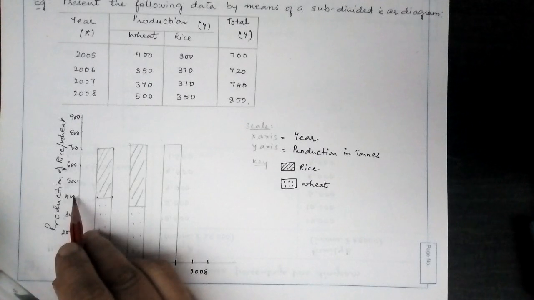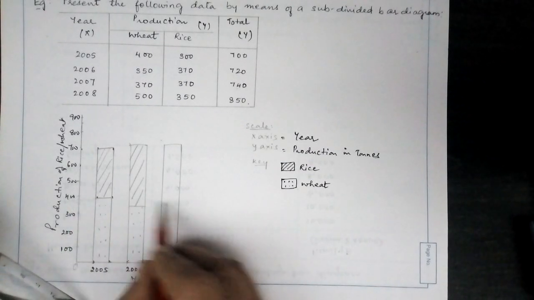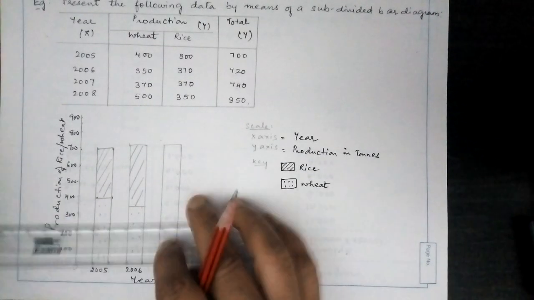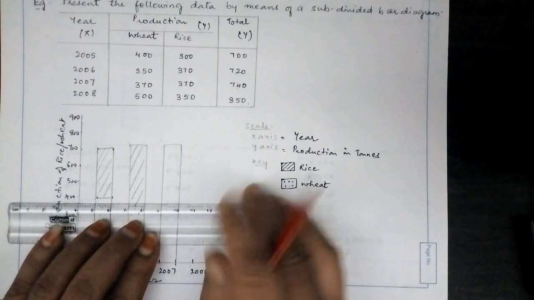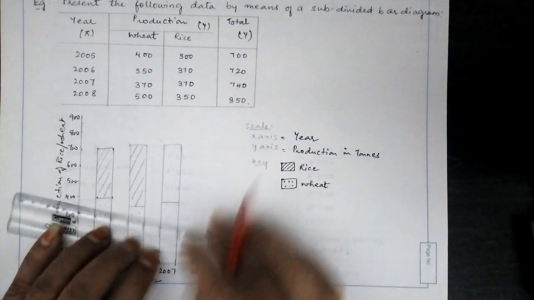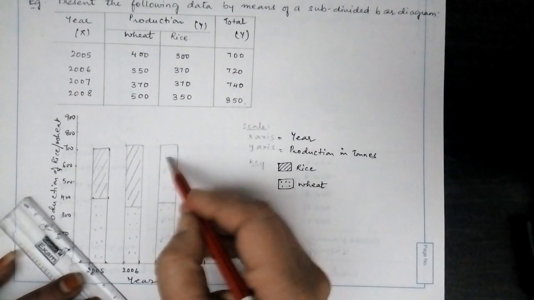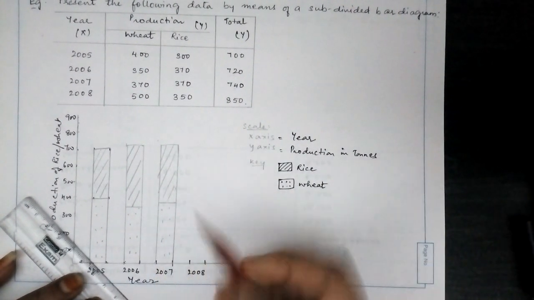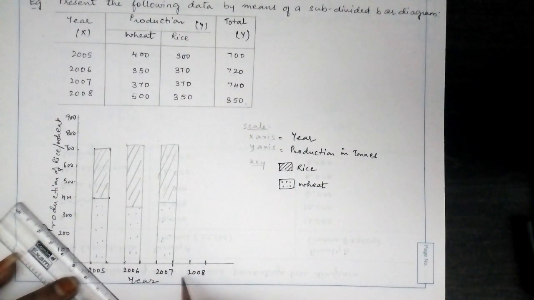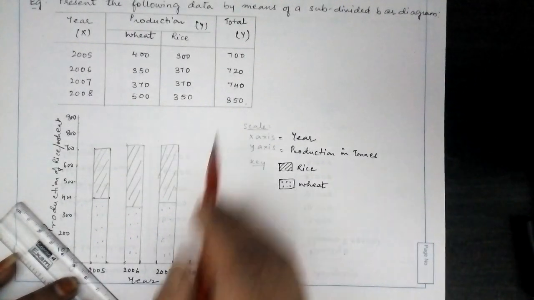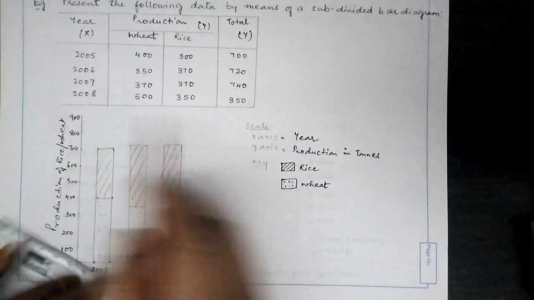So it lies between 300 and 400. So somewhere here, let us say this is 370. So we'll draw one line, and then this represents the production of wheat, and this represents the production of rice in the year 2007. Likewise in 2008, the total production is 850, which is here.